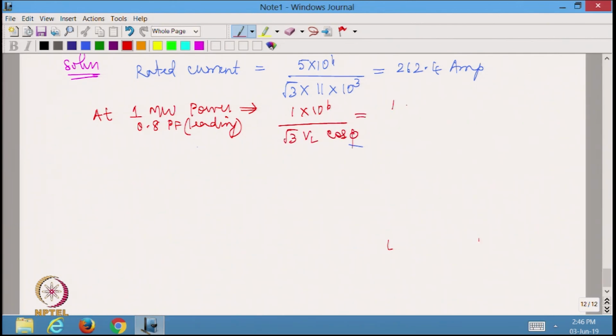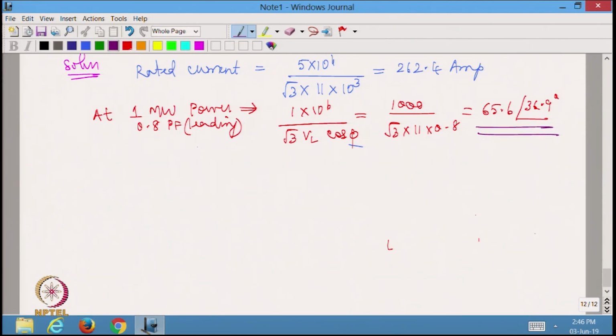So, I am going to get 1000 divided by root 3 multiplied by 11, because 11 into 10 power 3 and 1 into 10 power 6, I have cancelled 10 power 3, multiplied by 0.8. So, this is coming out to be 65.6 ampere. I have to write the phase angle as well, that is about 36.9 degrees, cos inverse of 0.8. Okay. This current is leading the voltage, that is what is given.